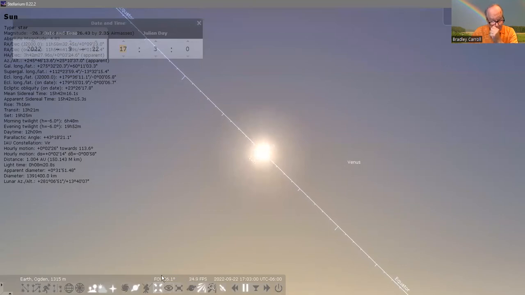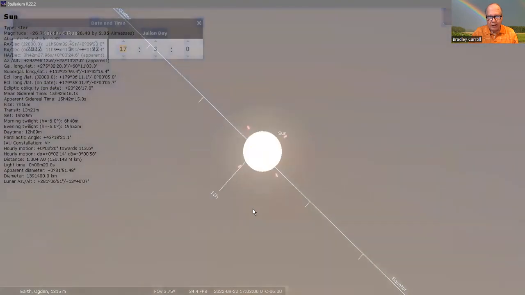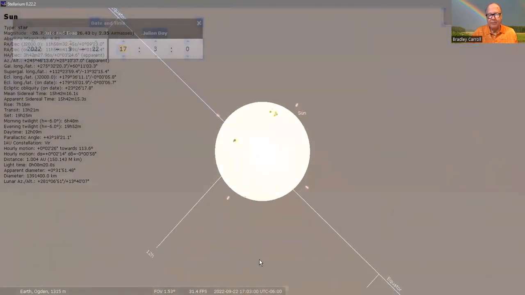So there's the sun. And let's really zoom in. And you can see this line going diagonally across your screen is the celestial equator. It's Earth's equator shot into space. And right here on Thursday, the center of the sun is just crossing the celestial equator.